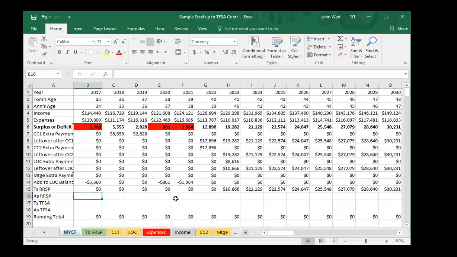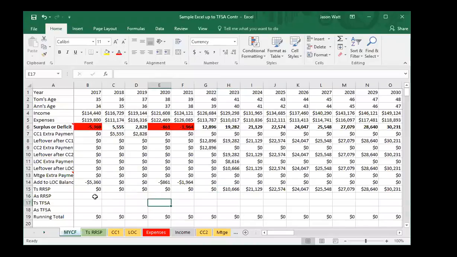However, that's what we've done here. And if you had a larger scheduled amount going into Ann's RSP, this would be less impacted. And maybe what you want to do is when you get to the point where Tom starts making RSP contributions based on a surplus, maybe you change the scheduled amount of Ann's RSP contributions. Again, you can build a formula to do that.